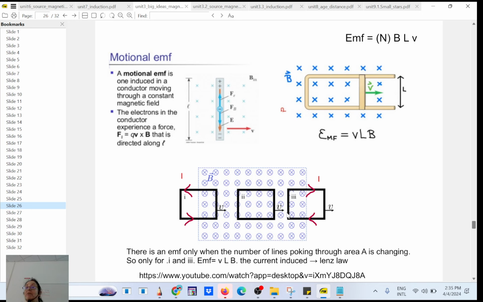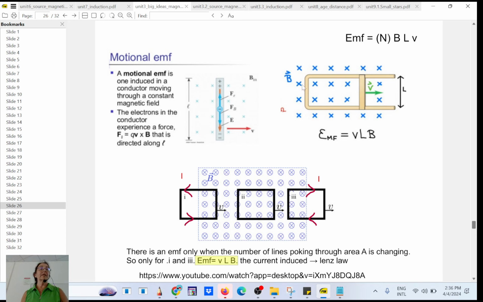So that type of EMF that you are inducing is called motional EMF because there is a motion involved. And the equation for that, we already did one problem with this, will be the velocity of the square that you are pulling, times this length here, which is parallel to the velocity, times B: vLB. You can do the same thing here.